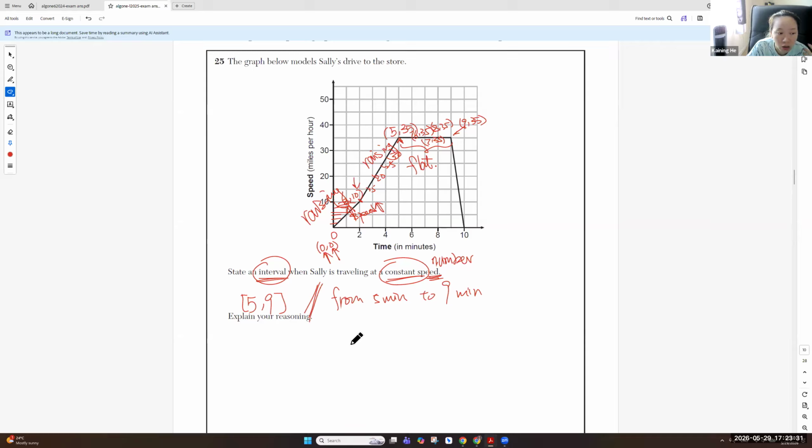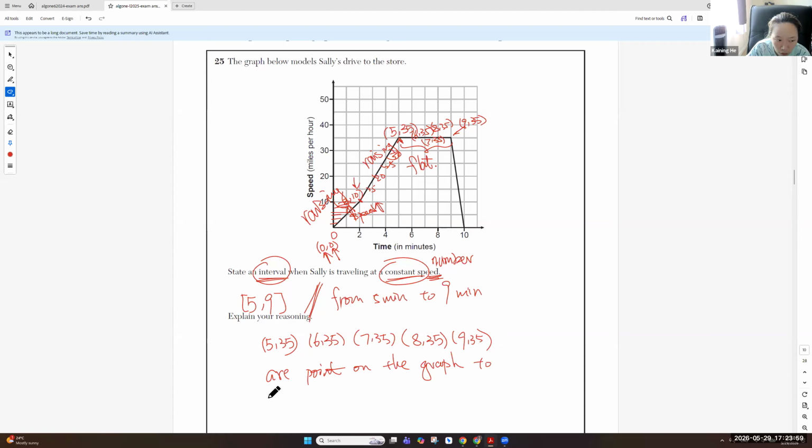In my explanation, I just so happen to show you the whole thinking process. I'm using (5, 35), (6, 35), (7, 35), (8, 35), and (9, 35) as the coordinate points on the graph.